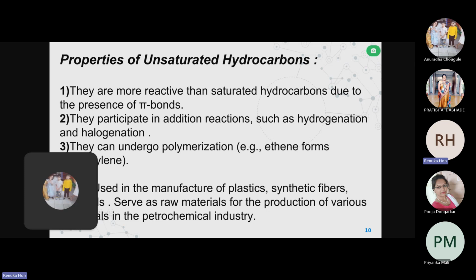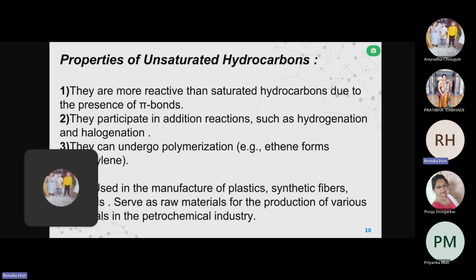Hence we call it an addition reaction. Then they can undergo polymerization. Poly means more than one, mer means a part of a specific molecule, and ization means combining. Polymerization means small parts of the specific molecule get combined to form a long chain.